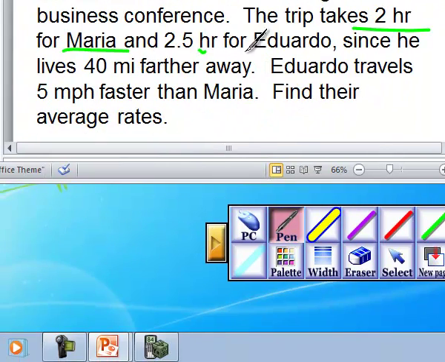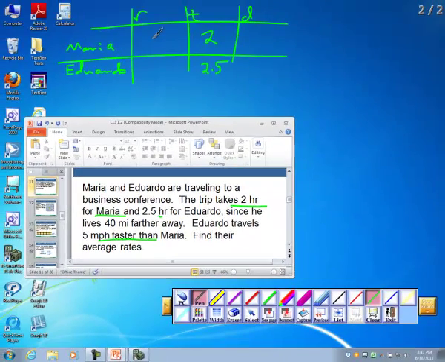Eduardo travels 5 miles per hour faster than Maria. Well, we don't know what Maria's rate is, so we're going to say Maria is traveling at rate R. That means since Eduardo is traveling 5 miles per hour faster, Eduardo would be traveling R plus 5.